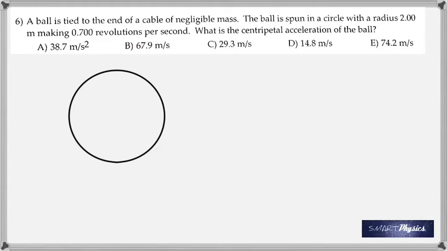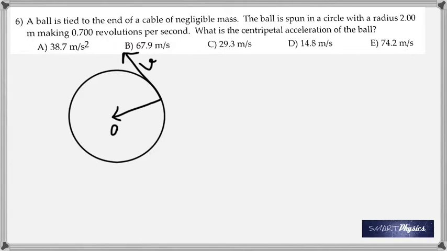You know that in one revolution, the total displacement, the total distance is equal to the circumference. And the circumference of a circle is 2 pi multiplied by its radius, 2 pi r. So that is, if that's the distance in one revolution, then the distance in 0.7 revolutions would be that multiplied by 0.7.